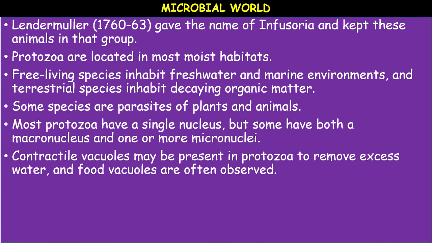It is an adaptation in the freshwater protozoan. So, what is the function of this contractile vacuole? It removes the excess of water. The contractile vacuoles remove excess of water from the body, that is called osmoregulation. They are osmoregulatory in function, and they also possess food vacuoles. Food vacuoles are often observed in these protozoans. They help in the digestion of the food.